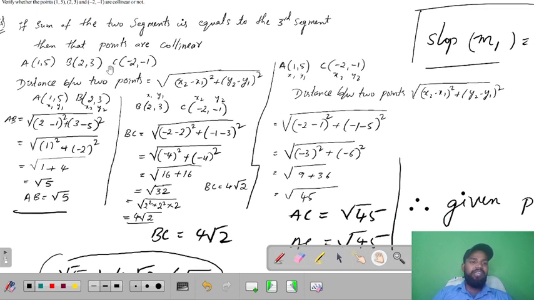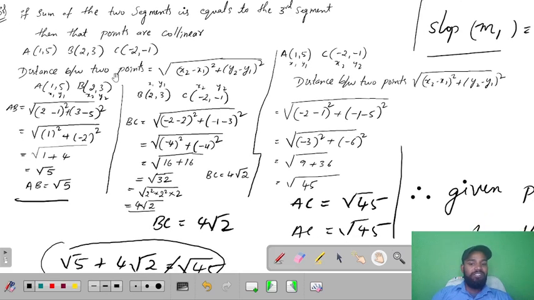So I am taking A, B, C as the points. First I am finding the distance between A and B. I substitute the A and B values in the formula and I got the value root 5. In B and C, I substitute the values and got the BC value.